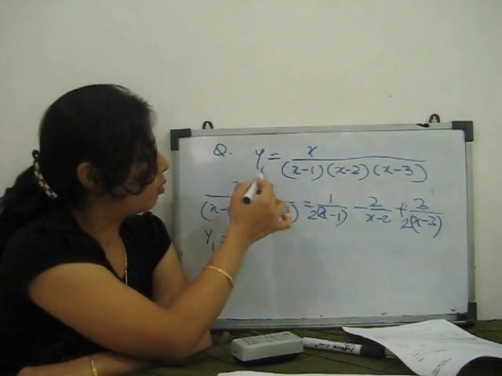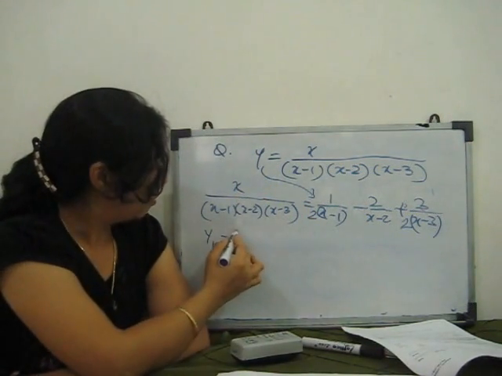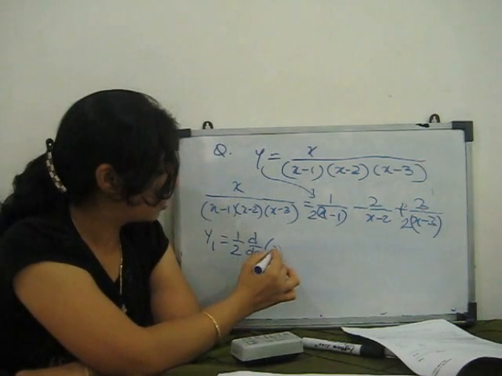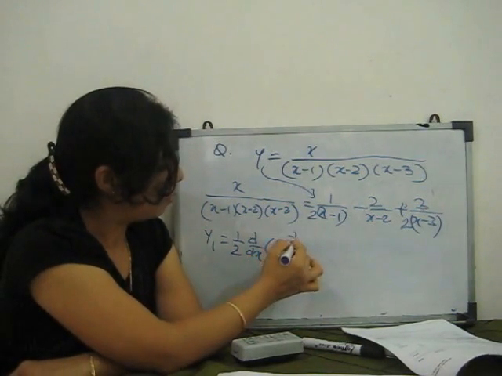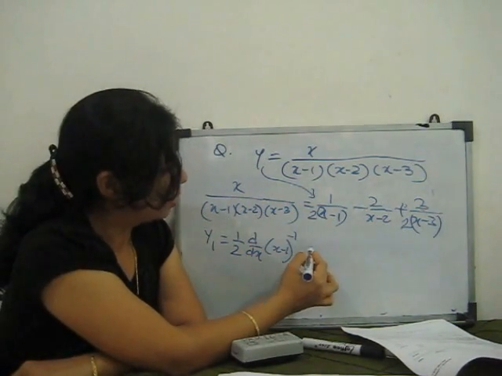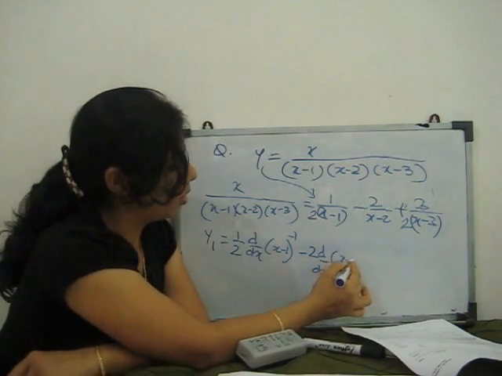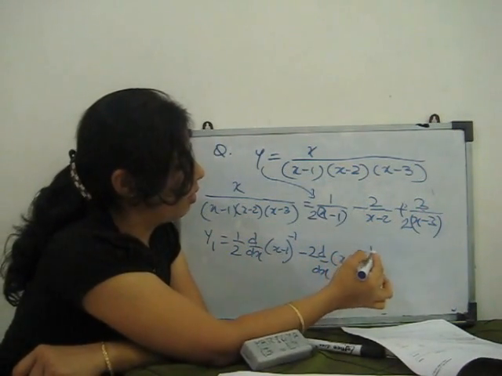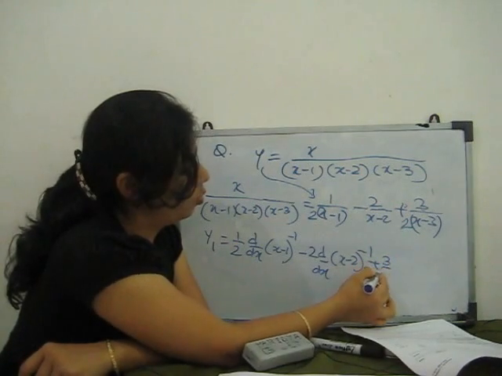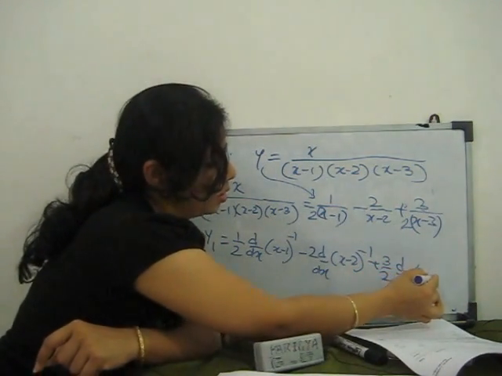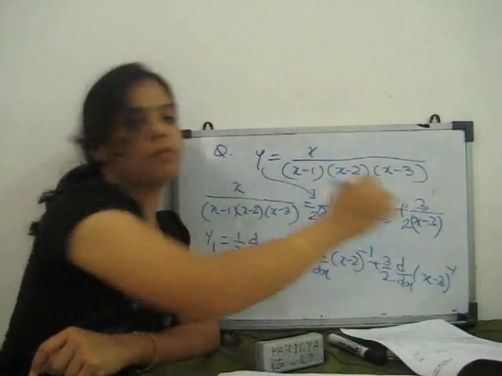If we want to find y1, we use this term: 1 by 2 d by dx of (x minus 1) to the power minus 1, minus 2 d by dx of (x minus 2) to the power minus 1, plus 3 by 2 d by dx of (x minus 3) to the power minus 1.